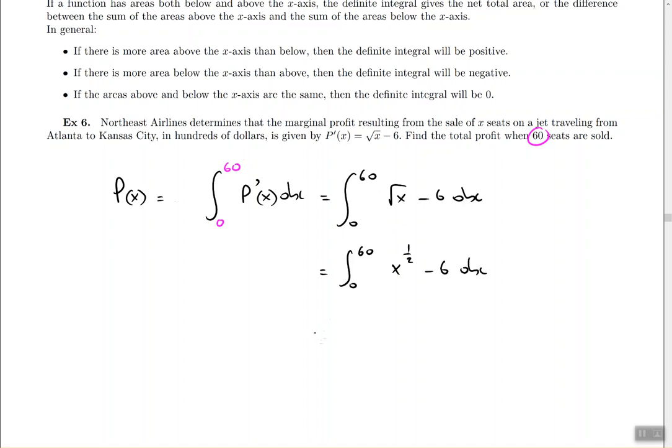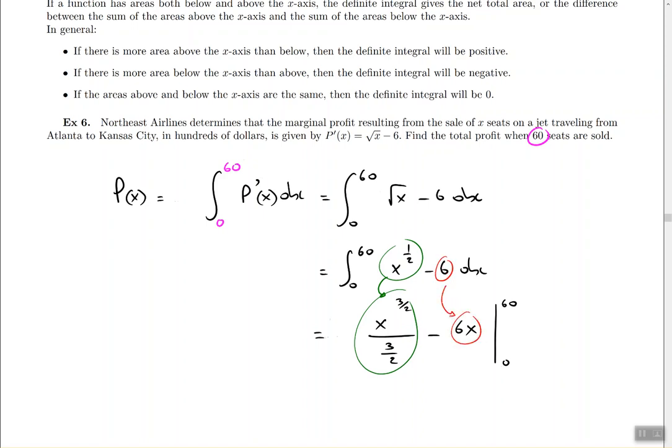And so the antiderivative for x to the 1/2 becomes x to the 1/2 plus 1, which is 3/2, divided all by 3/2. The antiderivative for 6 is going to become 6x. And we swap the 0, 60 to the right. Okay, so the antiderivative for x to the 1/2 became x to the 3/2 and everything else. The antiderivative for 6 became the 6x.